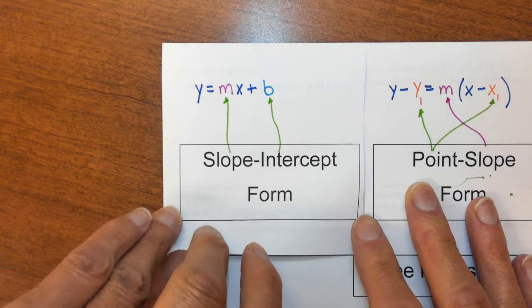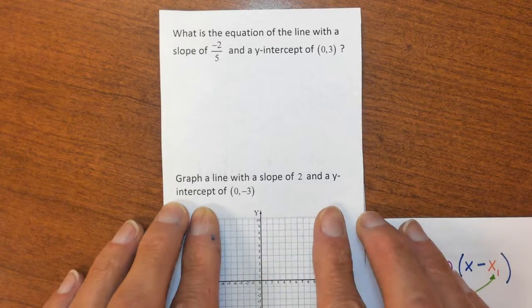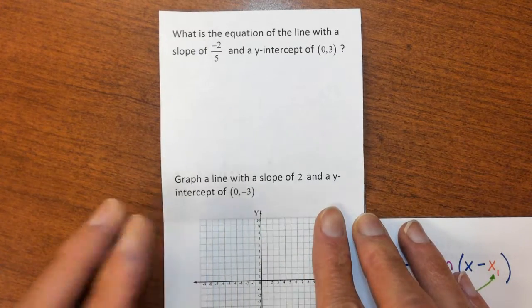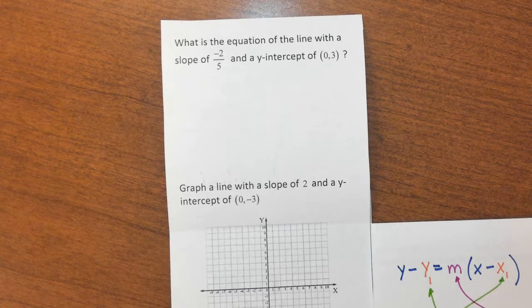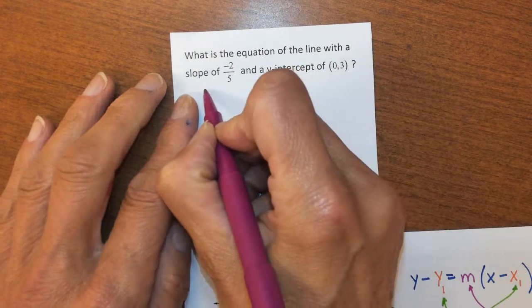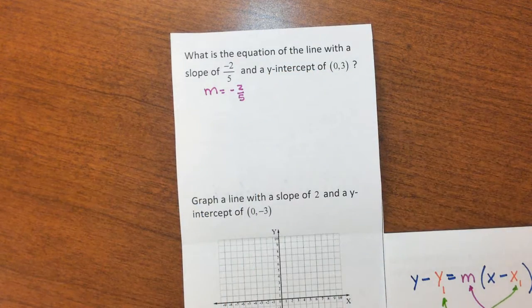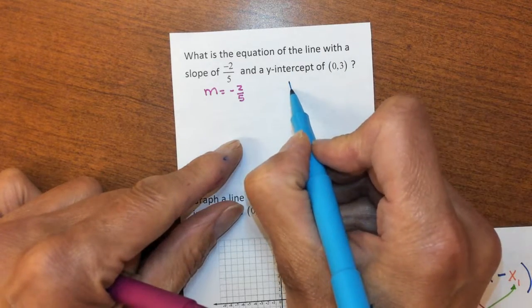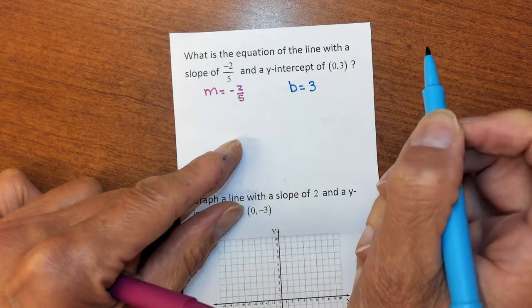So let's look at the slope-intercept form. So we actually have two questions here. So the first one is asking us, what is the equation of a line with a slope of -2/5 and a y-intercept of the point (0, 3)? So the first thing that we note is our slope. We have a slope of -2/5, and we have a y-intercept, and we're going to use b for y-intercept, and our y-intercept is 3.